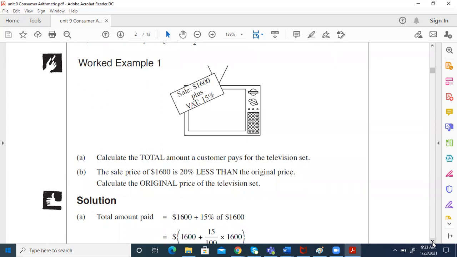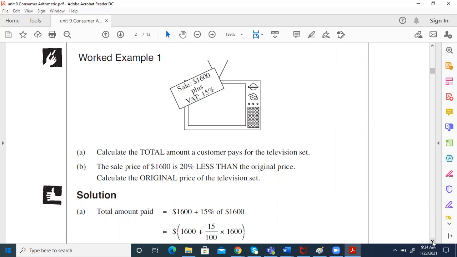It says $1,600 plus VAT of 15%. Based on what we did last week, this is supposed to be straightforward. You can say 1,600 multiplied by 1.15, and that should give you the total amount paid. Or some persons would find 15% of 1,600 and then add it back to the 1,600.